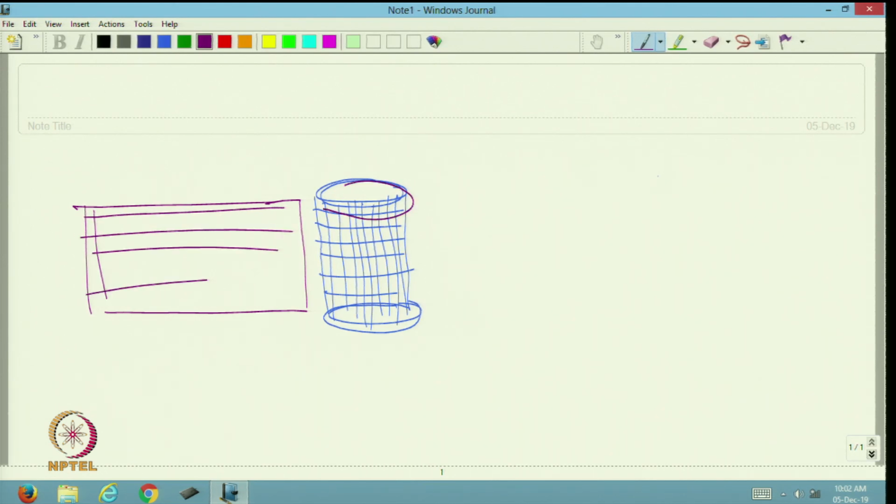So, if we just simply wrap the filter fabric around this, this will effectively be the cartridge filter, and one side is blocked and on the other side there is an outlet. So, this is the outlet side.